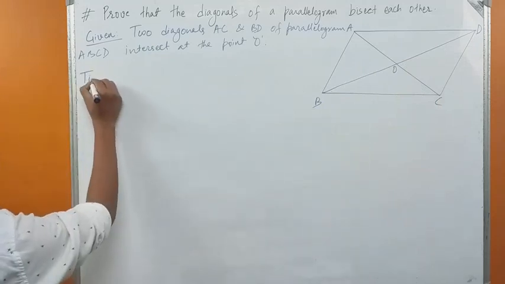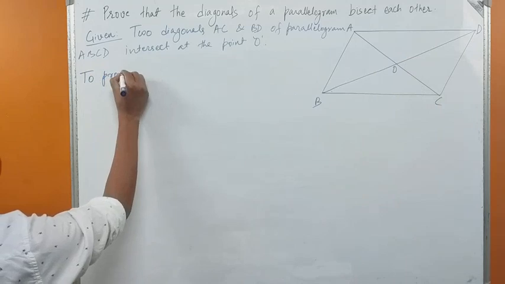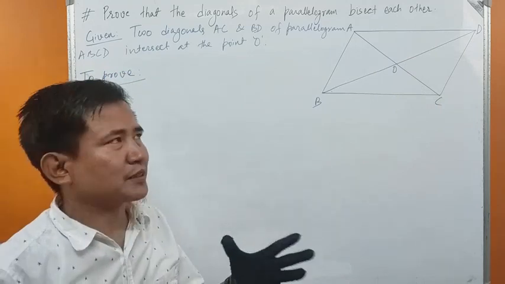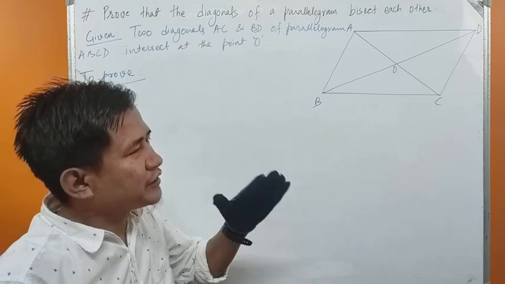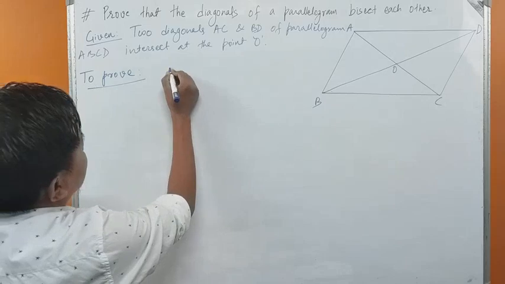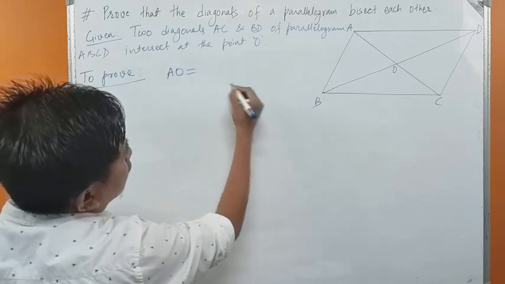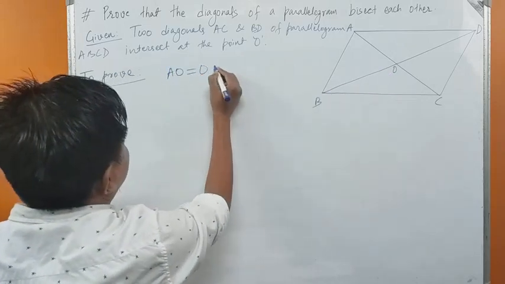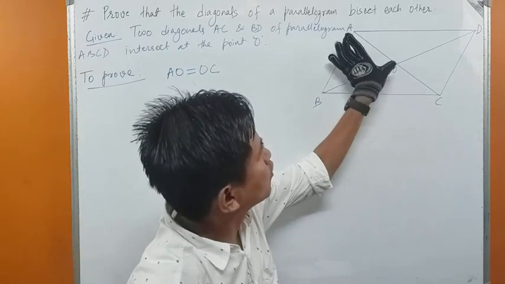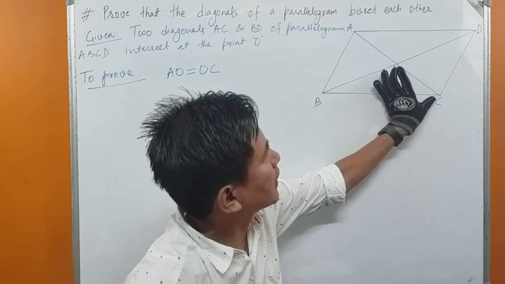So what are we asked to prove? Bisect. The word bisect means diagonals divide into two equal parts, which means AO equals OC. Diagonal AC, total length is AC, so the upper part is AO and the lower part is OC.